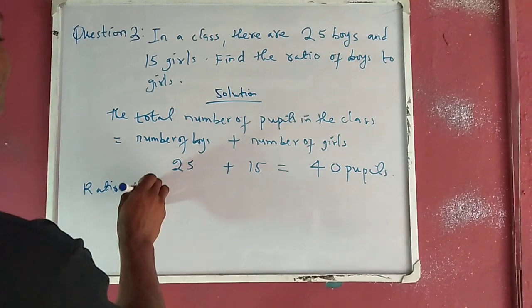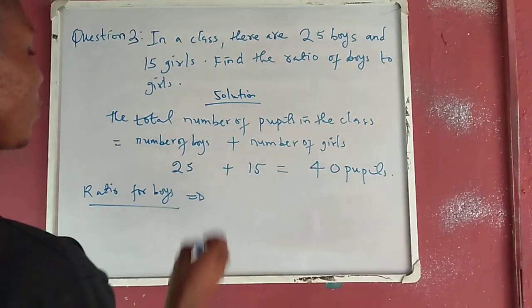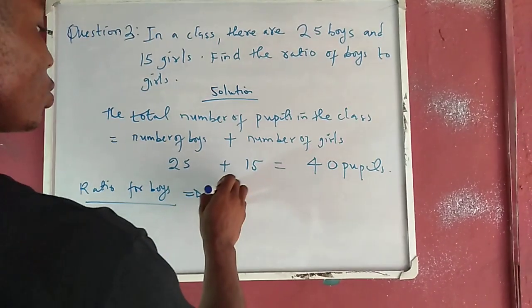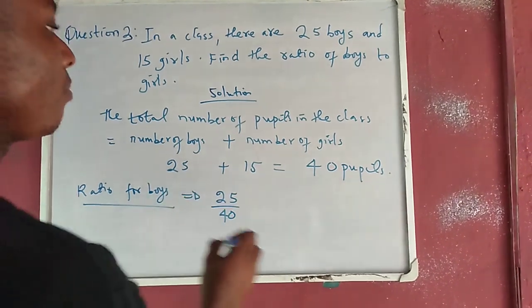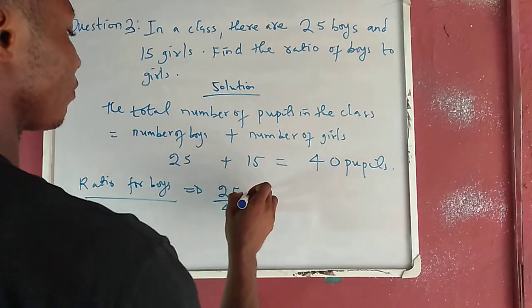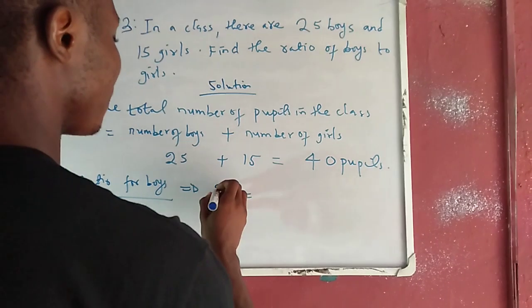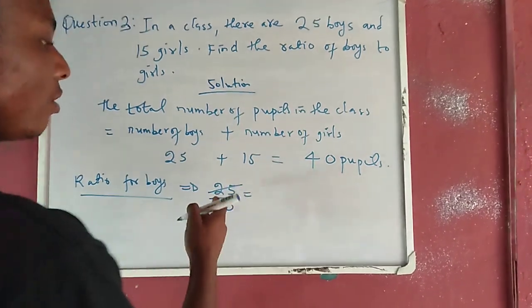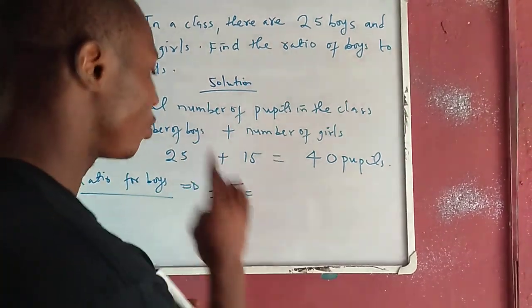for boys, your ratio for boys will be 25 upon the total number of students in the class, which is 40. So we can divide, right? Now get this very correctly.